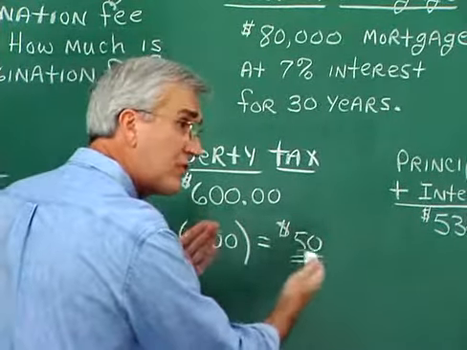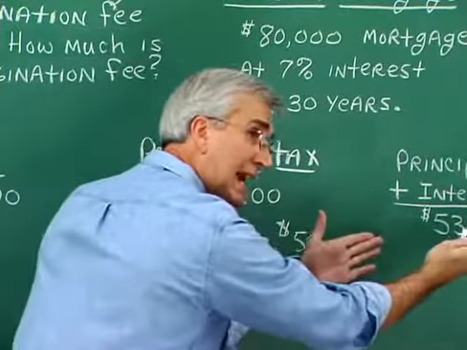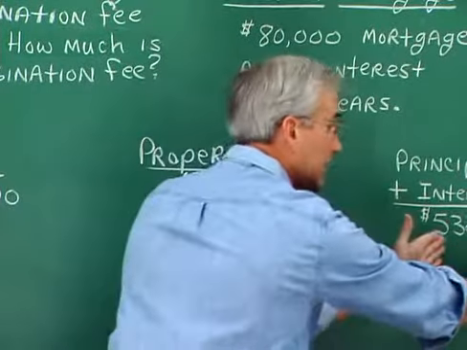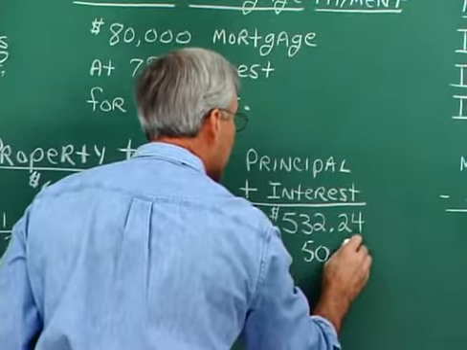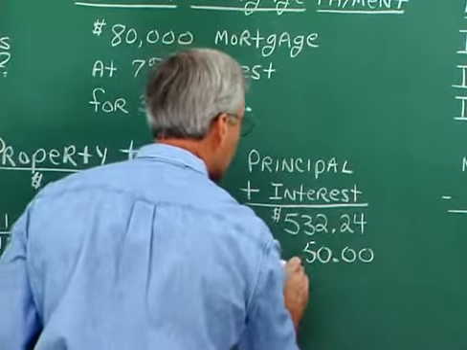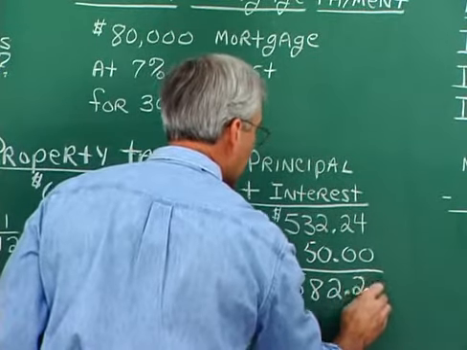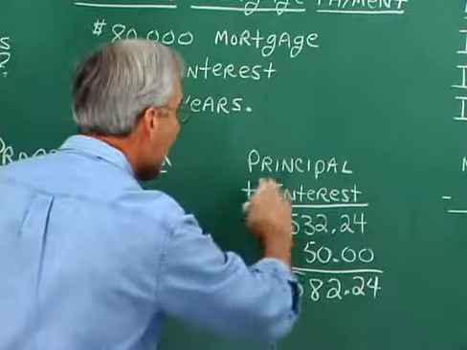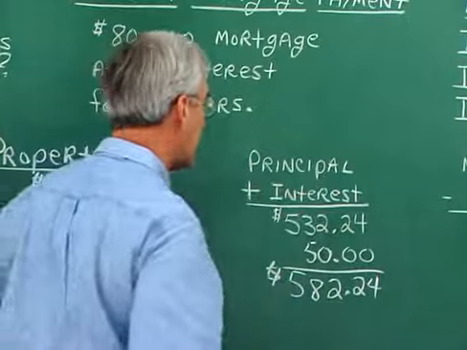If the property taxes change for the next year and the next, then this amount that is being added will change a little bit as well. But $50 may be added to the overall monthly payment. So rather than the monthly payment being $532.24, it would be $582.24. It's just important to realize that property tax is sometimes an add-on in this payment for principal and interest to a lending institution.